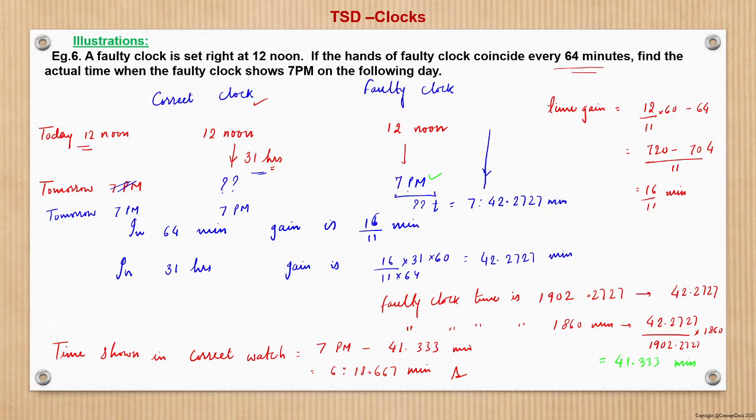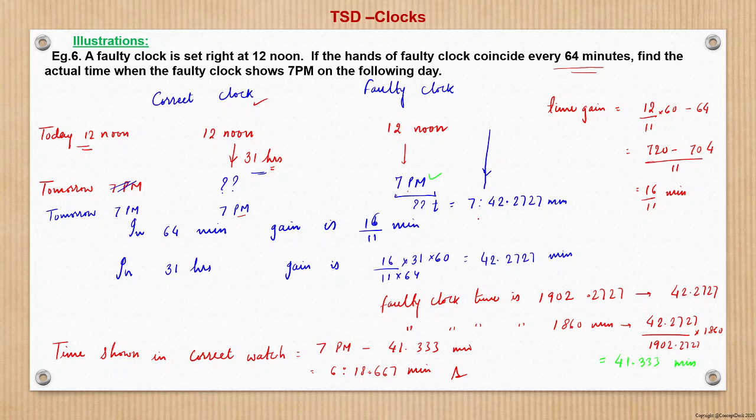So basically, a bit tricky in a way that the time of the faulty clock was given. That faulty clock was showing 7 p.m. So what we did, we assumed that okay, when the correct clock was showing 7 p.m., then what was the time shown by the faulty clock? For that, we knew that the clock would have been showing 7 p.m. and 42.2727 minutes.